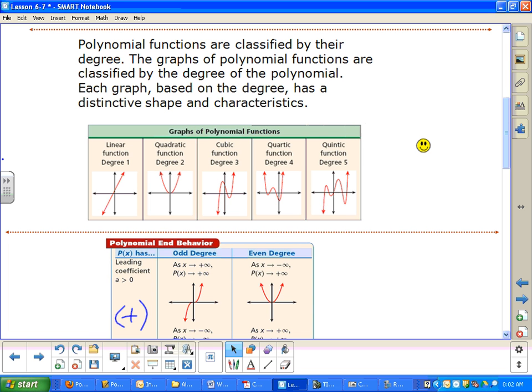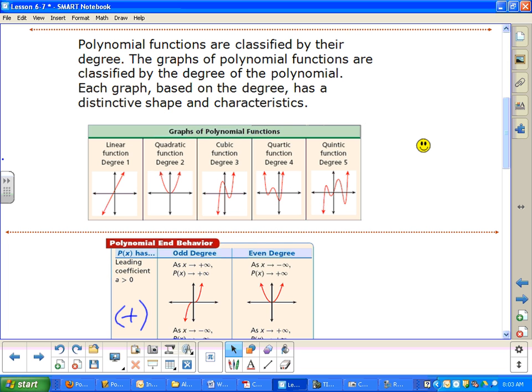So for odd degree polynomials, when we talk about what happens on the ends, or the end behavior, one end of the graph is going to go to positive infinity, and the other end is going to go to negative infinity. When we're talking about even degree polynomials, they're both going to go the same direction. Either they're both going to go to positive infinity, or they're both going to go to negative infinity.